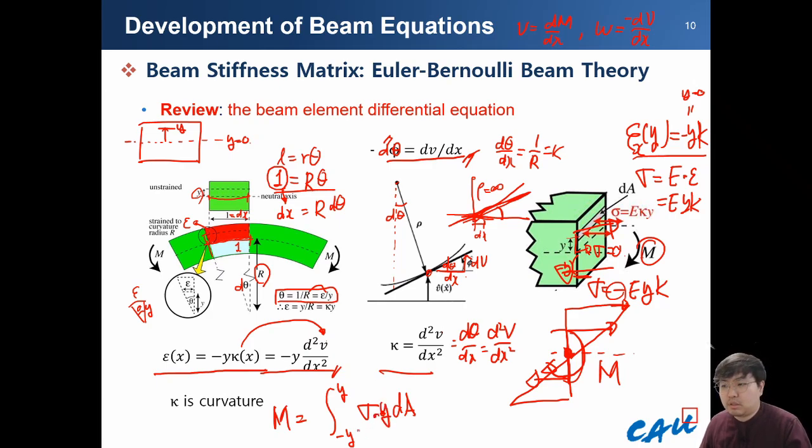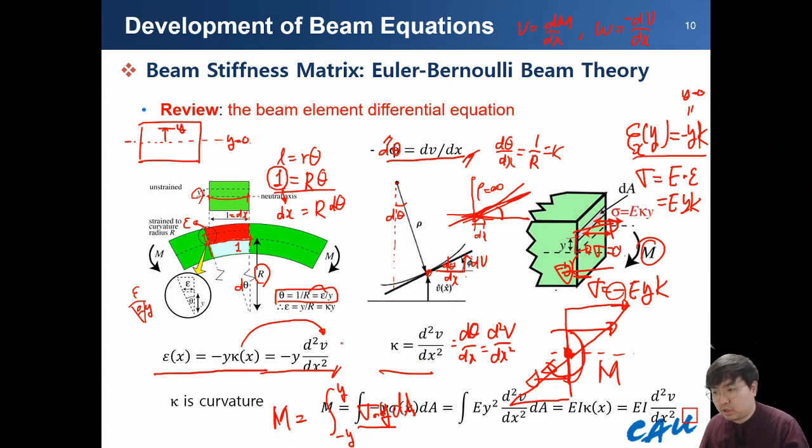Here sigma is the stress, dA is the area element, and y is the moment arm. This has the same unit as the moment, but to match the correct direction, you should add a minus sign here.